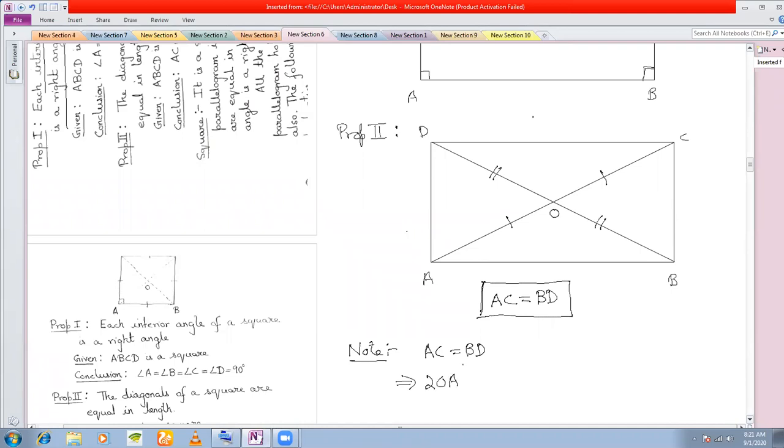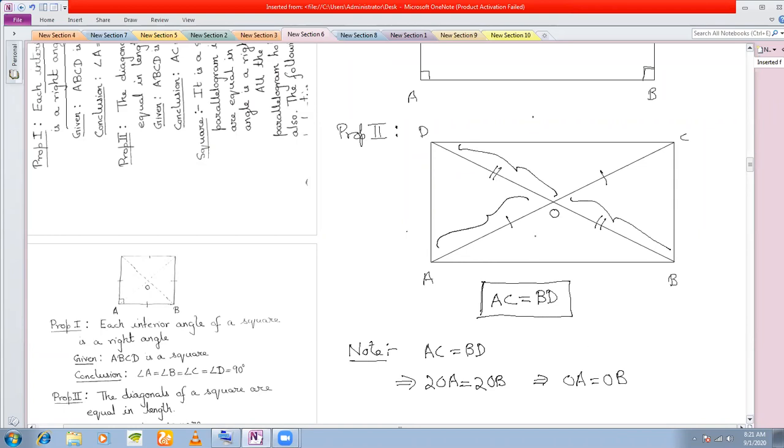This entire length AC is twice this length, because O is the middle point of AC. Also, BD in this diagonal is double of this length. You can write this as twice OB. That means OA is equal to OB.